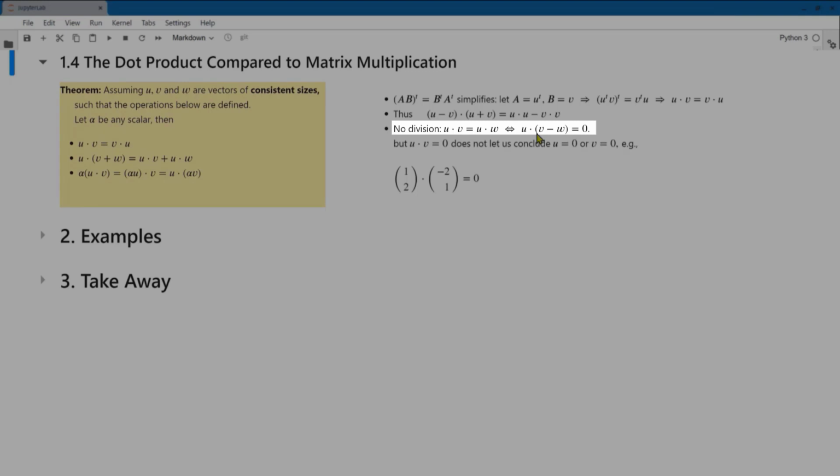We have a dot product of two vectors equal to 0. U dot V equals 0 does not let us conclude that U is equal to 0 or V equals 0. So here's a counterexample. If U is the vector (1, 2) and V is the vector (-2, 1), they're non-zero vectors. If I compute their dot product, that dot product is indeed equal to 0.